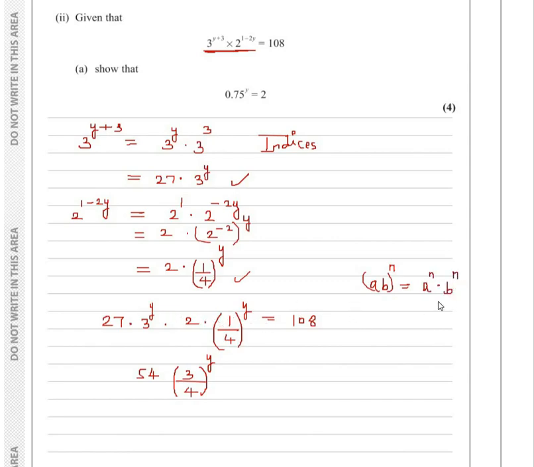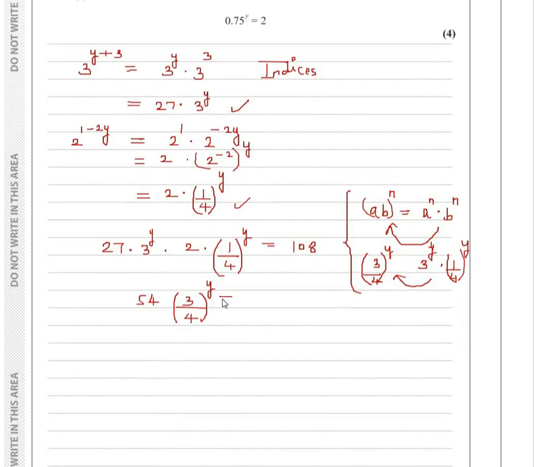What we did was go in the reverse direction. Here it was 3 to the power of y and 1 over 4 to the power of y. Since the powers were the same, we combined them and wrote it as 3 over 4 to the power of y. So this is again an indices rule we used over here.